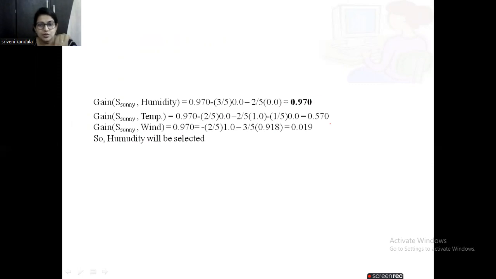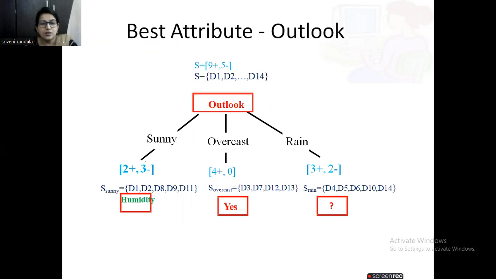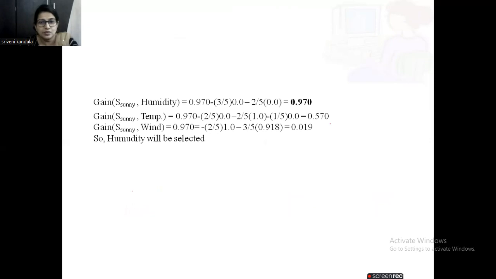So whichever attribute is giving us a higher value of gain, that is taken as the next attribute, considered as the next root node. So now here we are considering humidity as the next root node, and these are the examples that we have taken. And if you see under humidity, what are the possible values? Just let us go back and see.